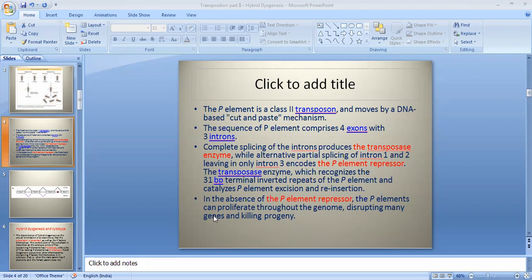If it is a very important gene, and if it controls one phenotypic character, then this phenotypic character will appear abnormally. And if it is a very important gene, it may also kill the organism. So it depends on what kind of genes are getting affected.